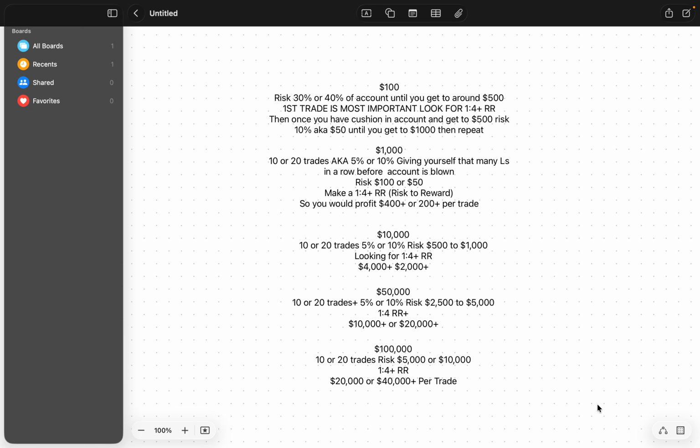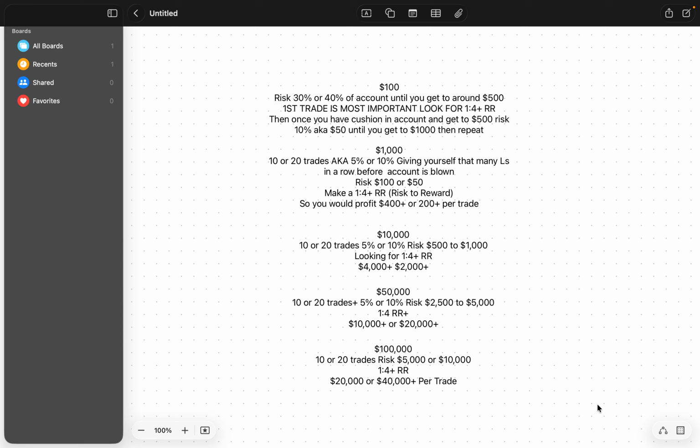But when you start off with the $100 account, you're gonna have to risk most of the account until you at least get to about $500. Once you're at $300, $400, $500, then you just risk 10%. So just do $50 each trade, and you're looking for $200, $250 plus each time you place a trade.